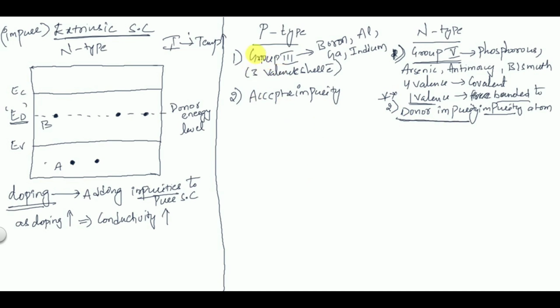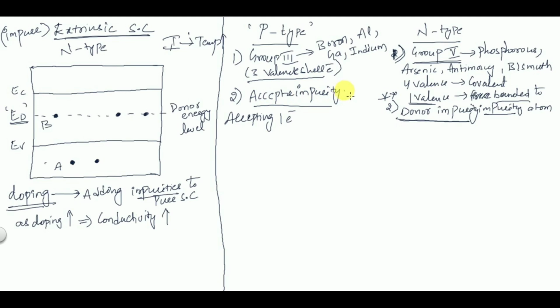In group 3, there is already one electron less, because adjacent atoms have four electrons to be involved in bonding, but group 3 elements have only 3 valence electrons. So by accepting one electron, the p-type semiconductor is involved in current conduction.